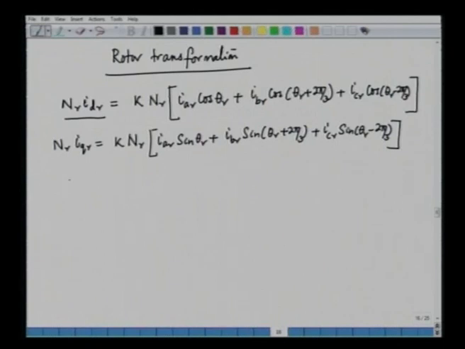And further we have the zero sequence component. We can straightforward write IOR equal to 1/3 of IAR plus IBR plus ICR.